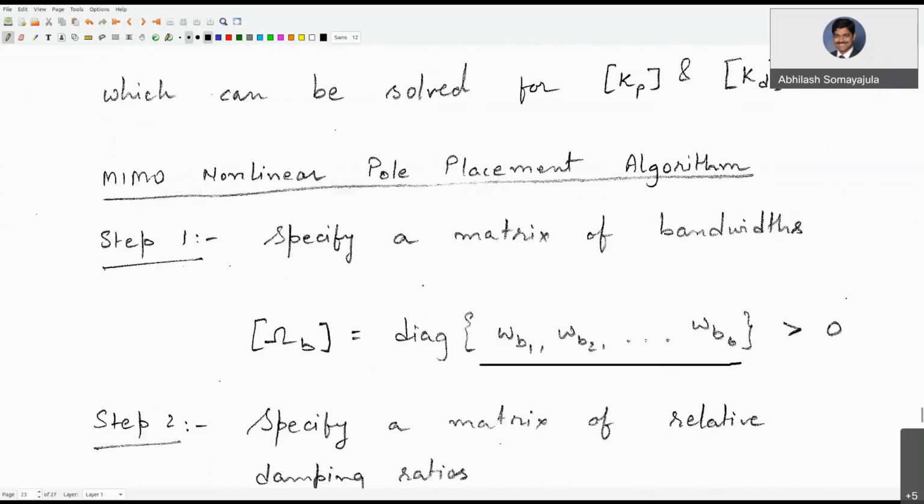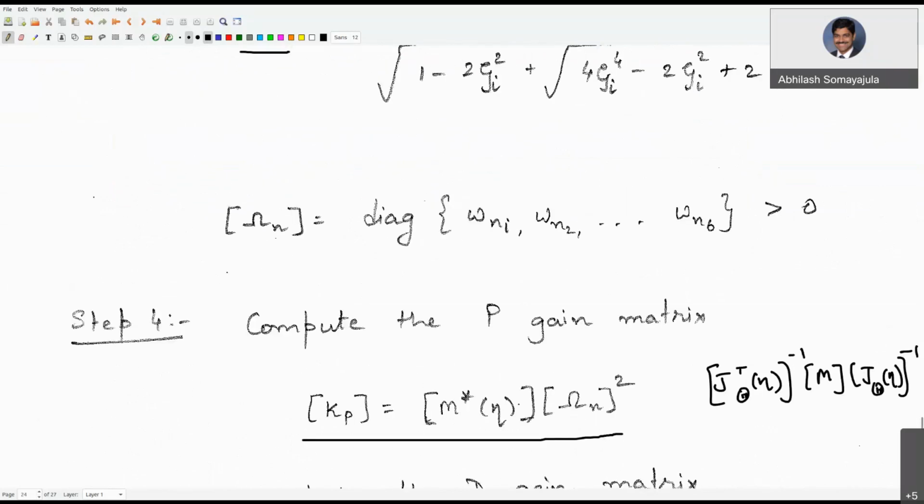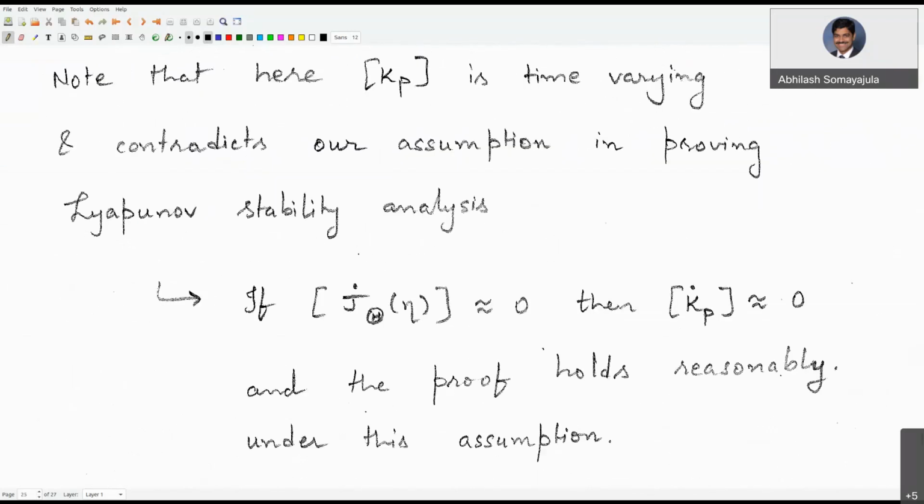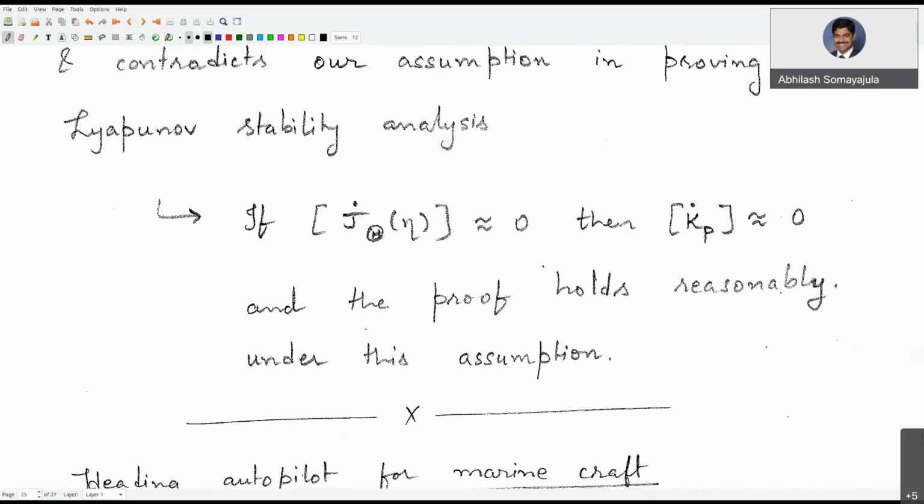Okay, so the idea here then becomes that once we have these, assuming that this J of theta is slowly varying, our K_p dot is approximately equal to 0, and the proof holds reasonably under this assumption.